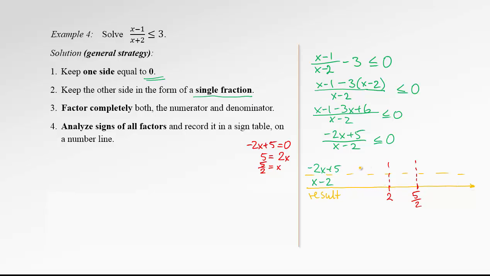So now we are going to analyze signs in those 3 sections. The top expression changes its sign at 2.5. When is it positive? Above 2.5 or below 2.5? Let's say I choose a testing point, for example 0, which is definitely below 2.5, and see the sign.